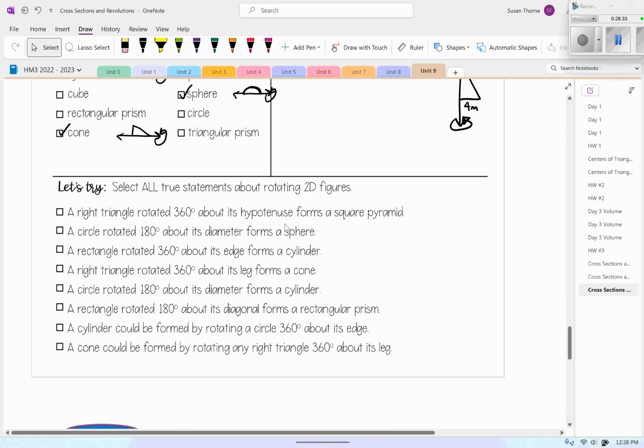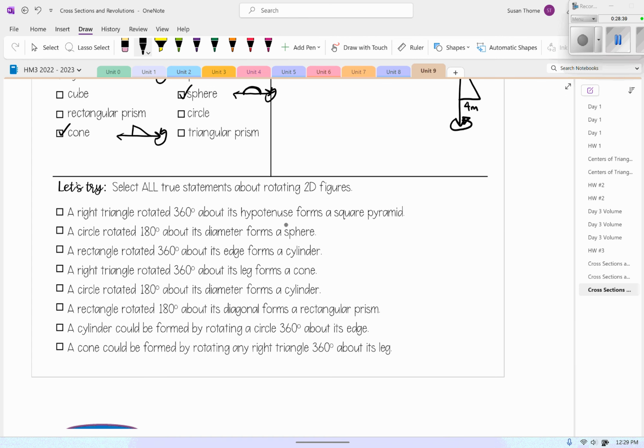Select all true statements about rotating 2D figures. A right triangle rotated 360 degrees about its hypotenuse forms a square pyramid. So that is not true. A circle rotated 180 degrees about its diameter forms a sphere. That's true. A rectangle rotated 360 degrees about the edge forms a cylinder. That's true.